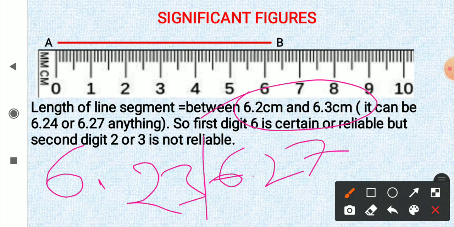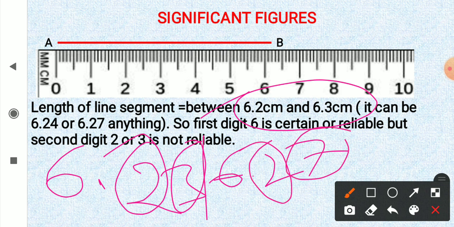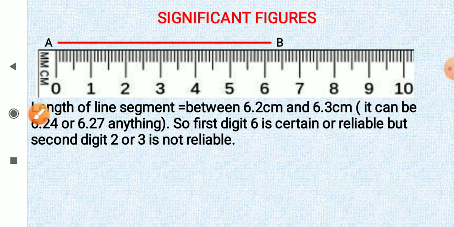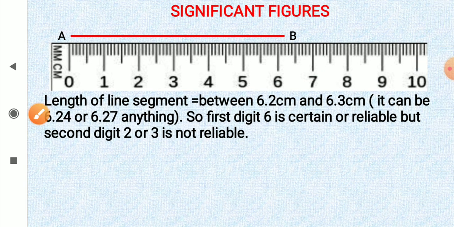So if I am not sure about this digit 2, I cannot be sure about the next digits. They will also be not reliable, like the following places after the decimal.